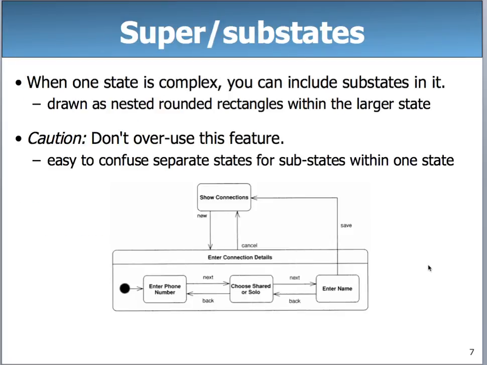You can also have sort of superstates and substates, in other words, where one state is nested inside of another. Like here's something that has to do with connection details, and then that's part of a bigger state, which has to do with my connection activity. Just don't get too overzealous about this. So for example, being in good standing could be a substate, or being eligible to graduate could be a substate inside of your in good standing state.